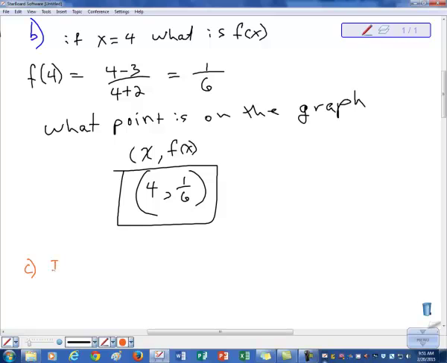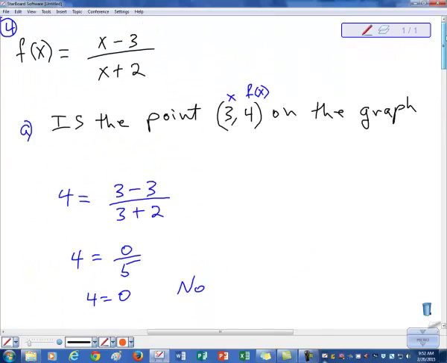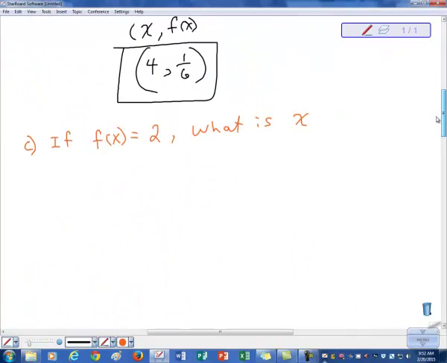If f of x is equal to 2, what is x? So now for our function f of x equals x minus 3 over x plus 2, we put the 2 in the f of x side.